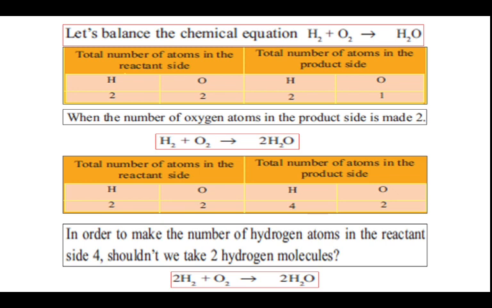And by looking at the table, we can say that the number of hydrogen atoms is not the same on the reactant side and the product side. So in order to make the number of hydrogen atoms in the reactant side 4, shouldn't we take 2 hydrogen molecules? Yes. So 2H2 plus O2 giving 2H2O.